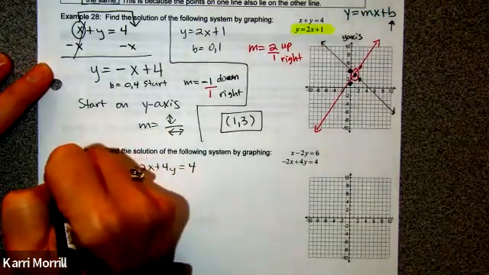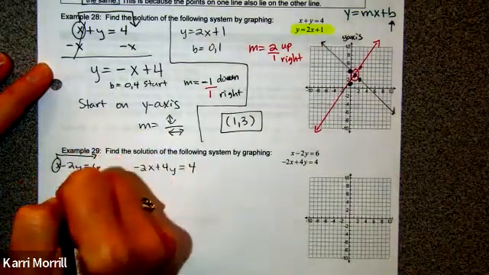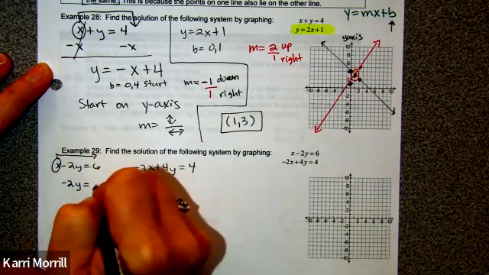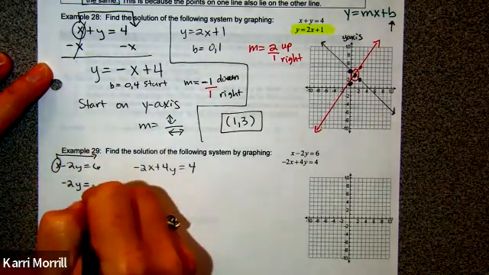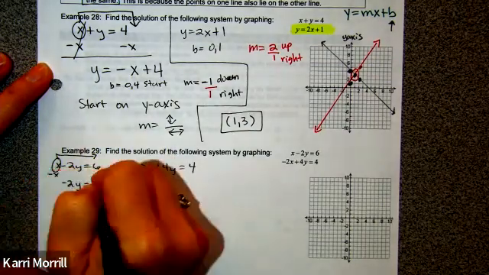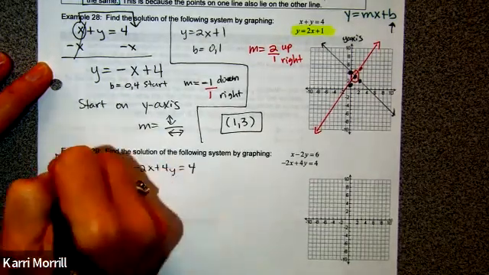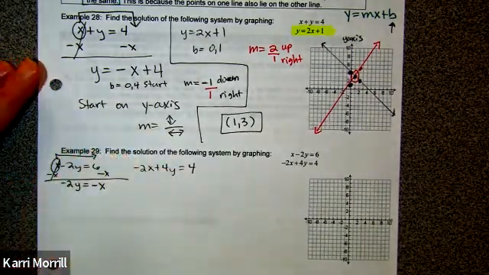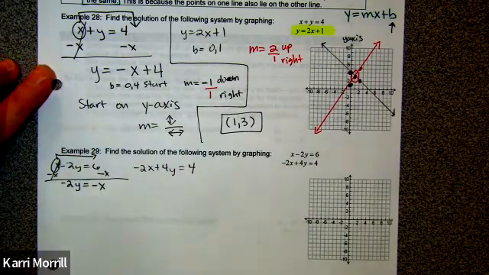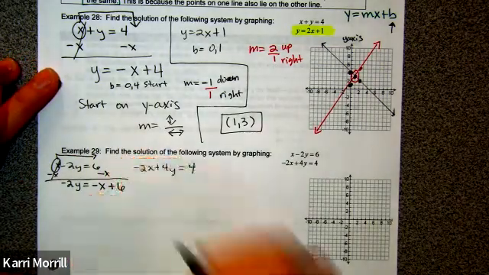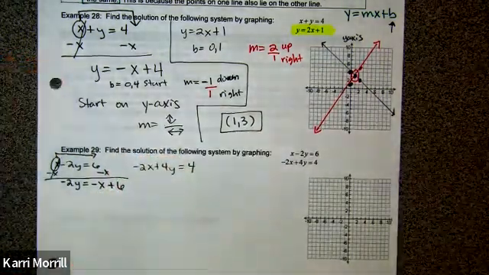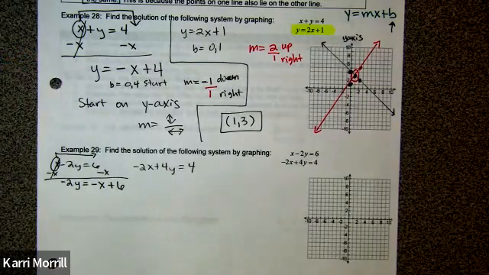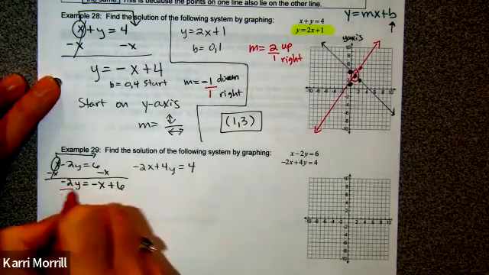So first we would move x by subtracting, so we have negative 2y equals, that would make that a negative x, right? And then how do we put the 6 over there? You add it, so you have to put plus 6. What do I do to get y by itself? Divide by negative 2.